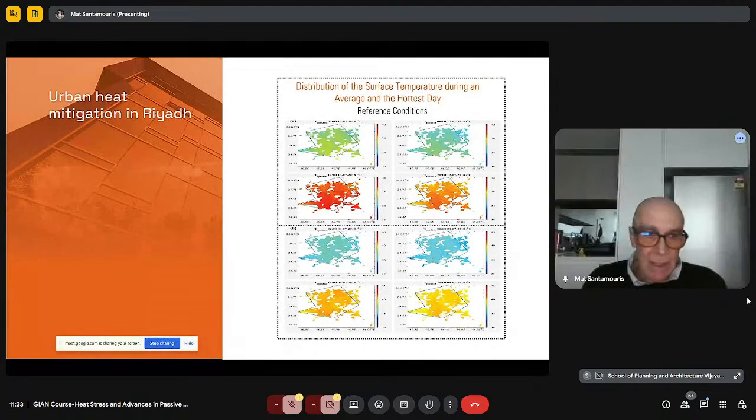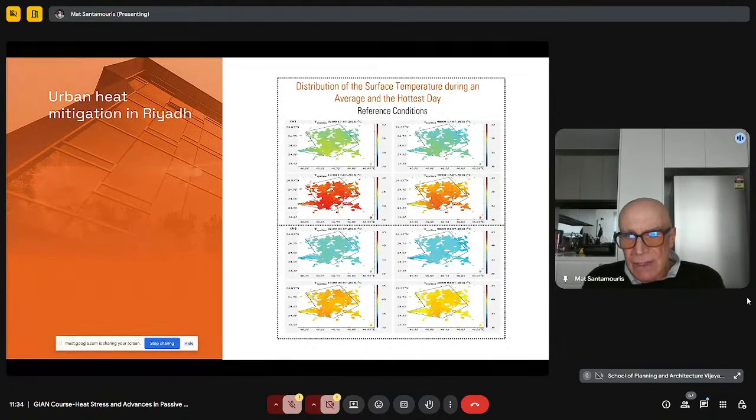It also defines the sensible heat, which is released by the city's surfaces, and so determines the magnitude of the overheating. So we define the reference conditions of the surface temperature under the average conditions and the hottest day.